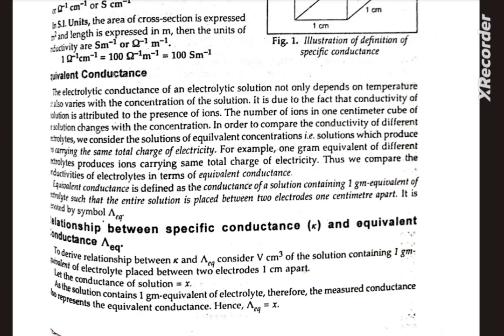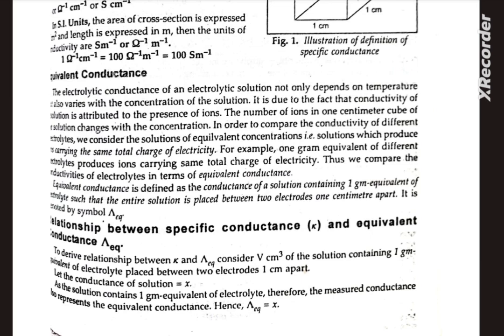Thus, we compare the conductivities of electrolytes in terms of equivalent conductance. Equivalent conductance is defined as the conductance of a solution containing 1 gram equivalent of electrolyte such that the entire solution is placed between two electrodes 1 centimeter apart. It is denoted by the symbol lambda equivalent.